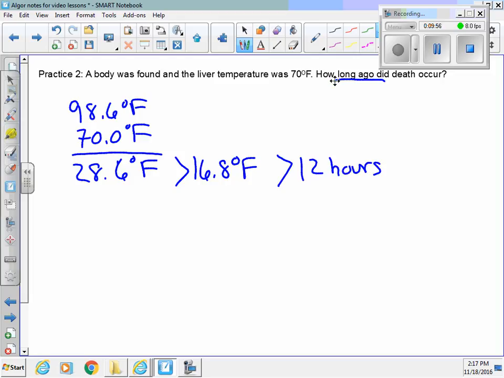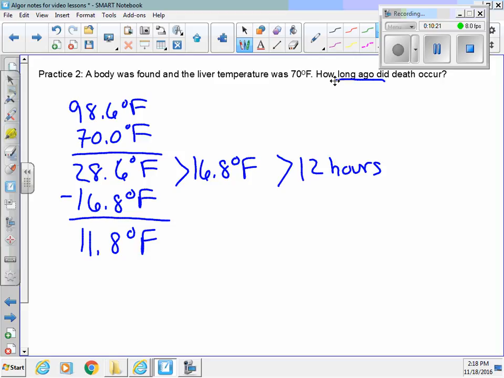So we can account for that 12 hours already in our calculation by subtracting 16.8 degrees Fahrenheit. And we get 11.8 degrees Fahrenheit is what's left. That's a remainder.